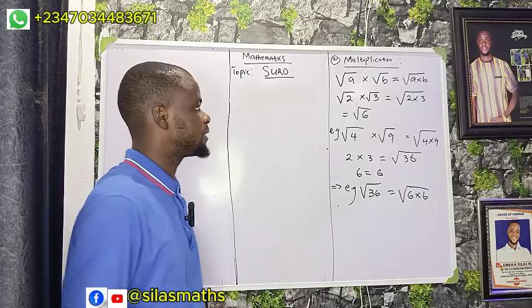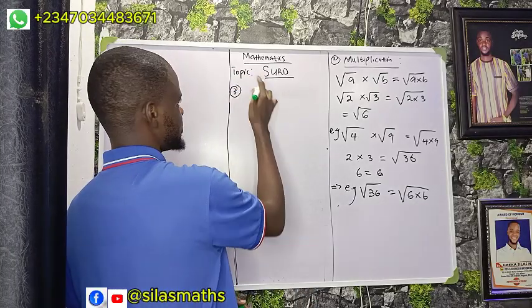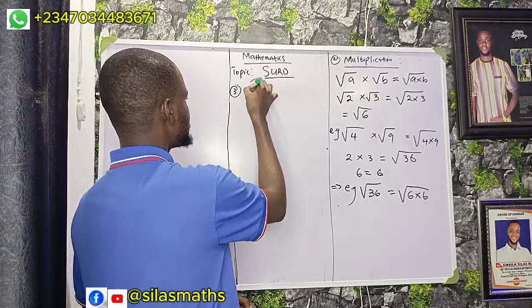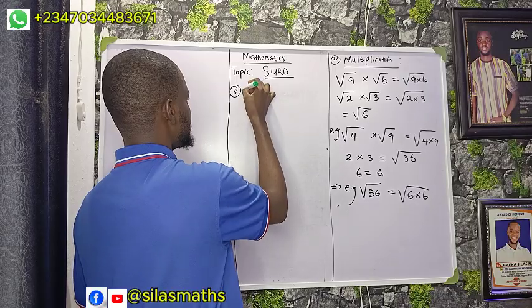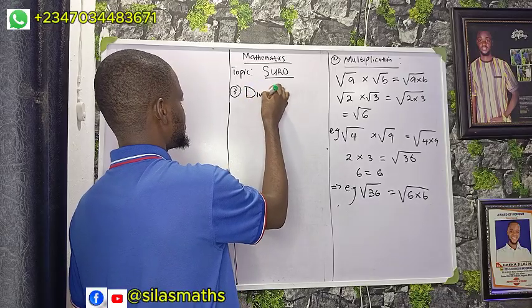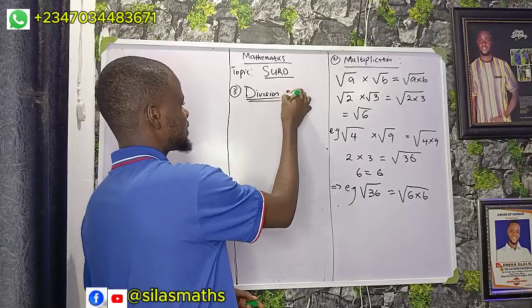So let's talk about the last one before we go over to something else in our next class: the division rule. What does that state?